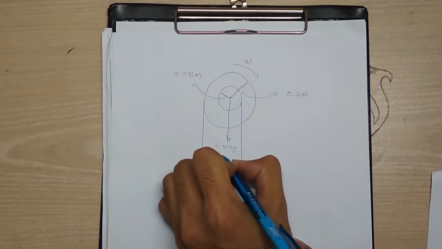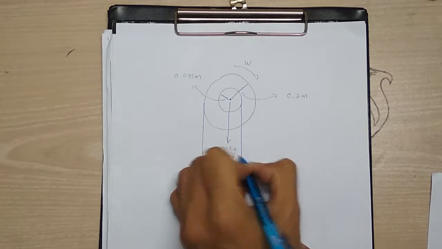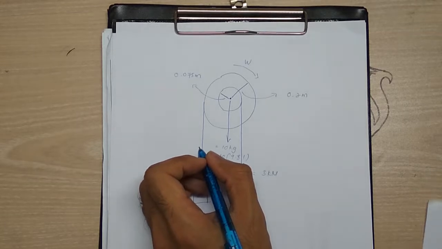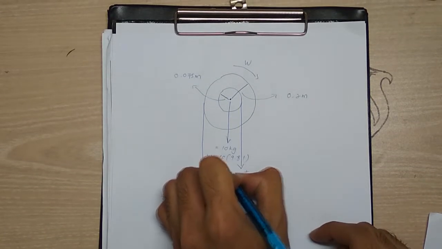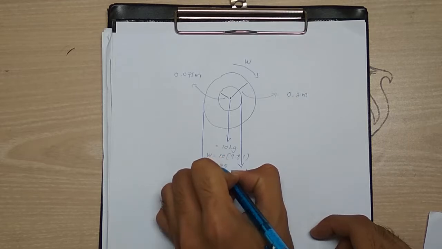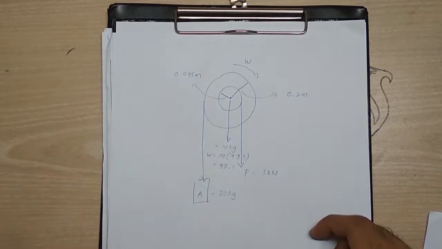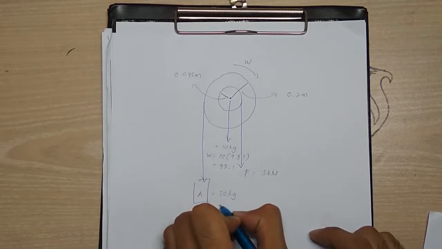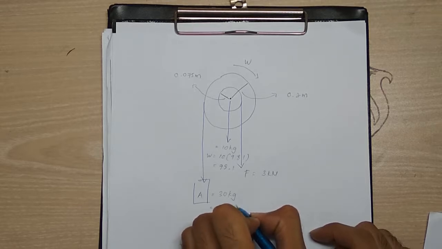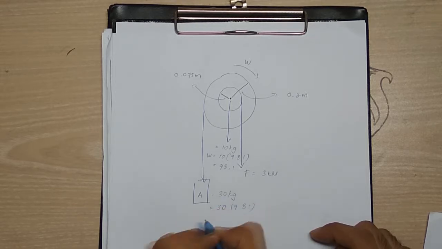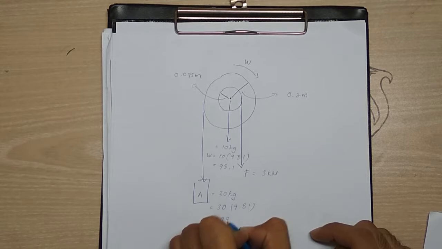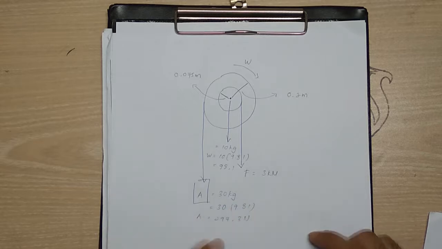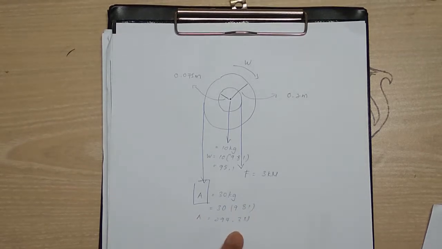So 10 kg times 9.81, so we get 98.1. Okay, so for the block A, we times with 9.81, so for A 294.3 Newton.